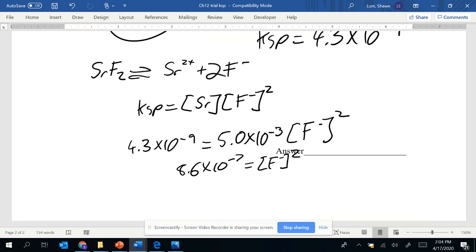Square root of 8.6 times 10 to the minus 7 equals, and I get 9.27. So the concentration of fluorine equals 9.27, or 9.3 times 10 to the minus 4 molarity.